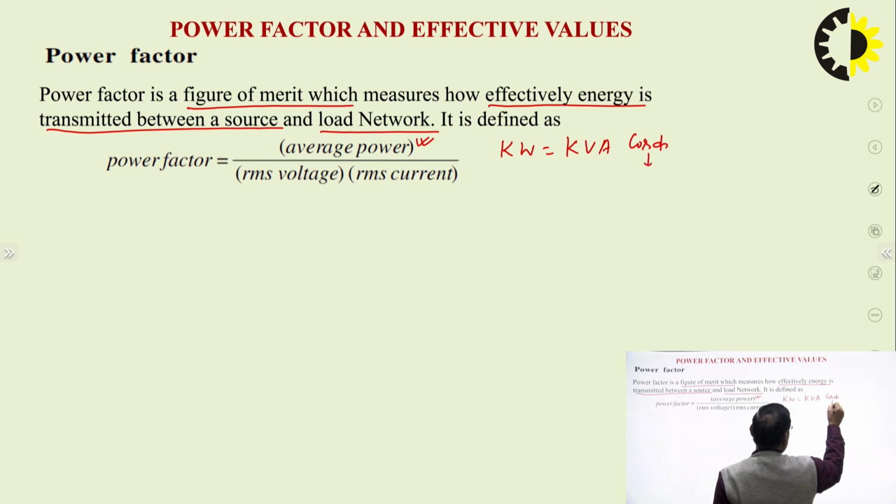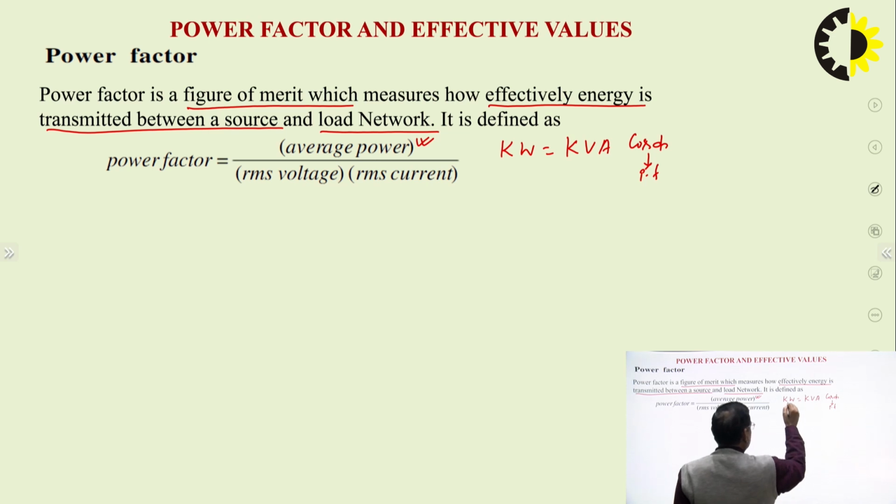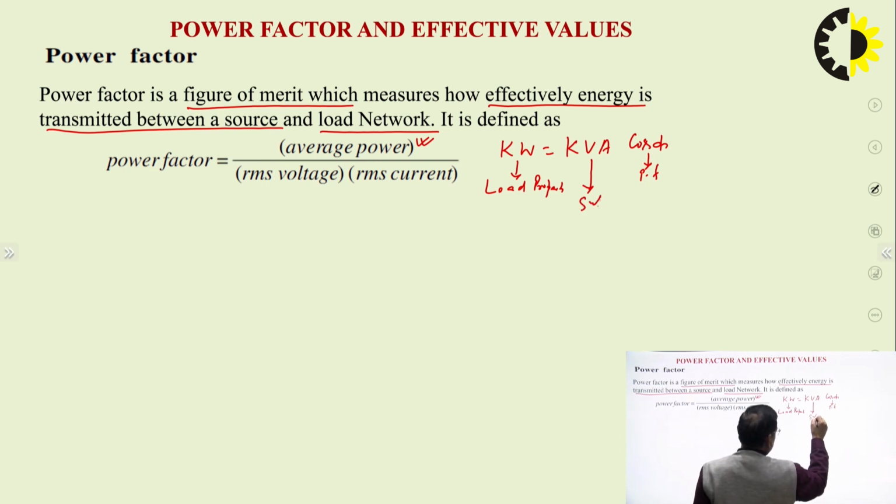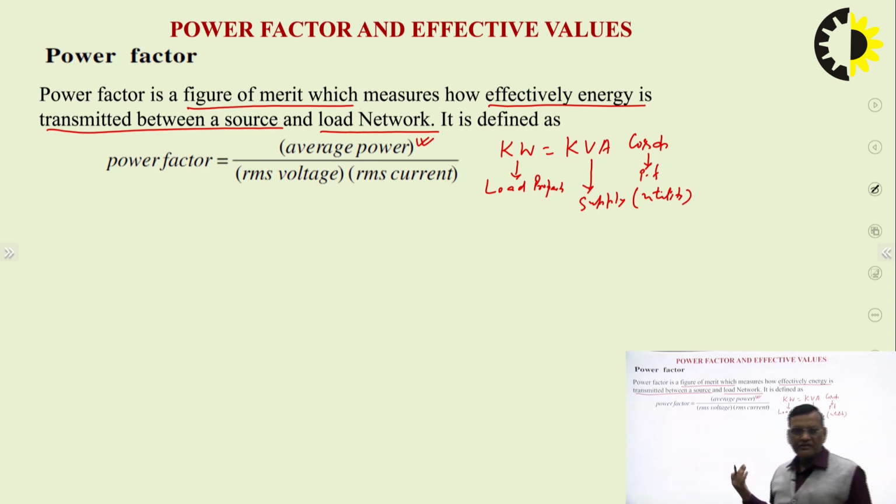So this cos phi is your power factor, and this kilowatt is the load property, and this kVA is the supply, or you can say the utility. So kVA is the power supplied by the utility, and kilowatt is the power consumed by the load.